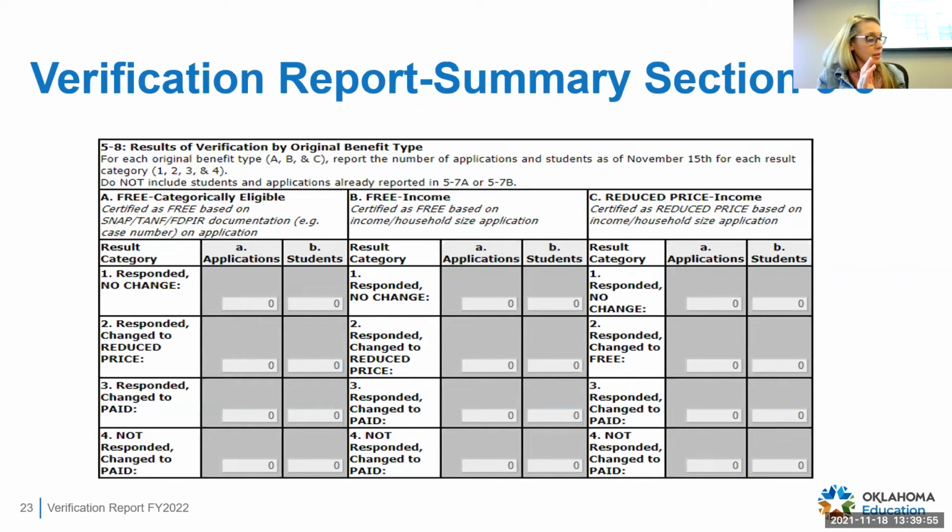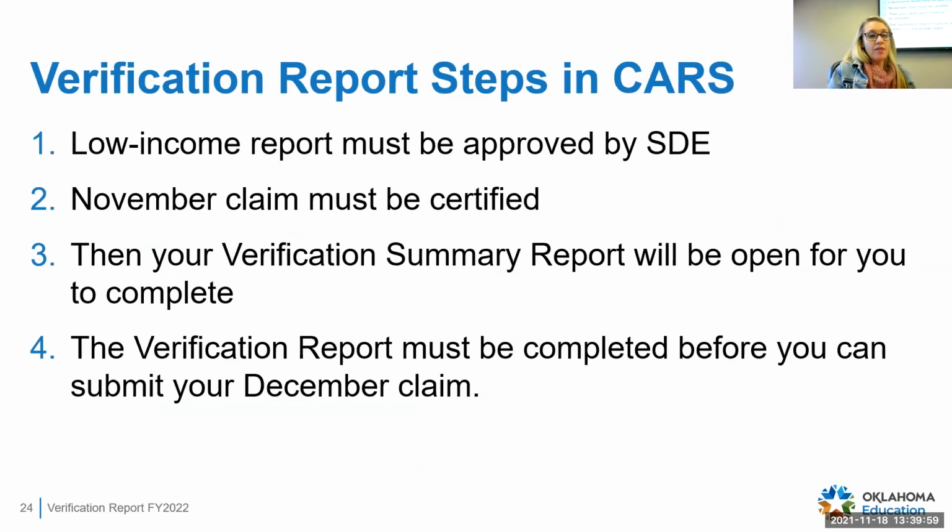Hallelujah. And then this is the slide that I added today that is not in the slides from yesterday, to give you the verification report steps, because I had this phone call this morning. So first, for a verification report to even open up, this is what has to happen.